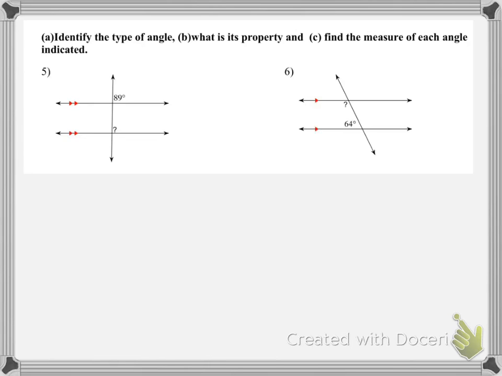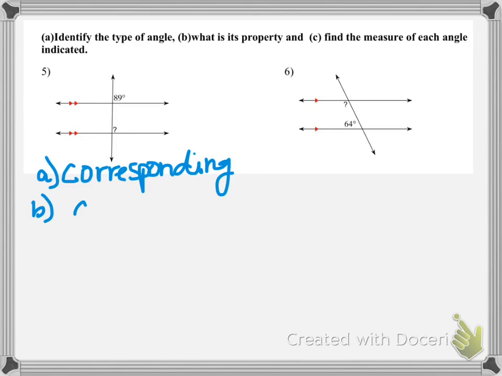So they're both on top of the parallel lines and they're on the right side. And so this is what we call corresponding angles. And so corresponding angles are congruent. That's the property that they have, therefore meaning they're the same.